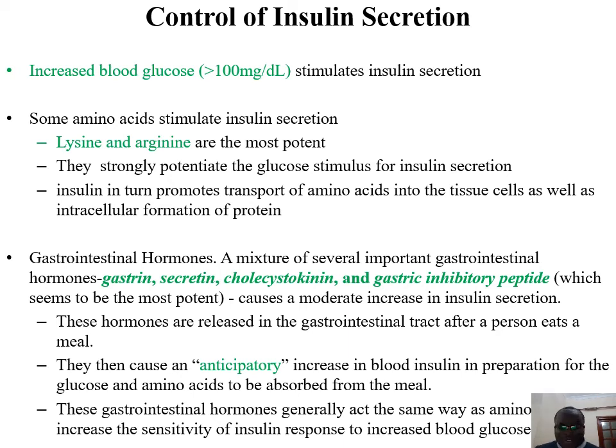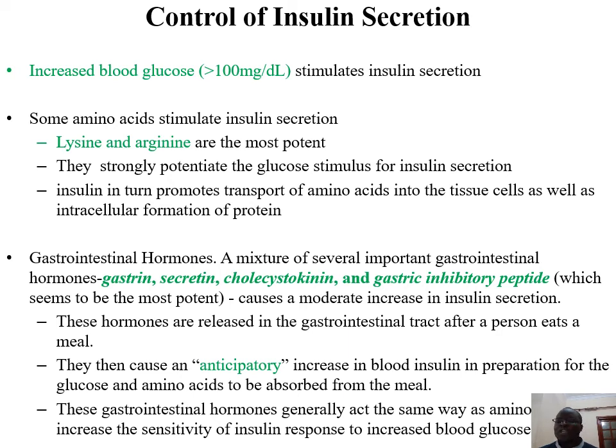So these hormones are released in the gastrointestinal tract after a person eats a meal. That's what I said. They cause an anticipatory increase in blood insulin in preparation for the glucose and amino acids that have to be absorbed from the meal.